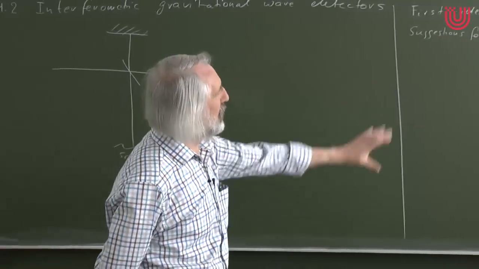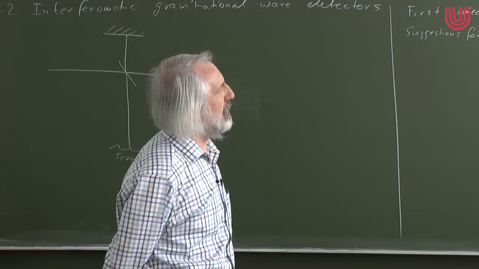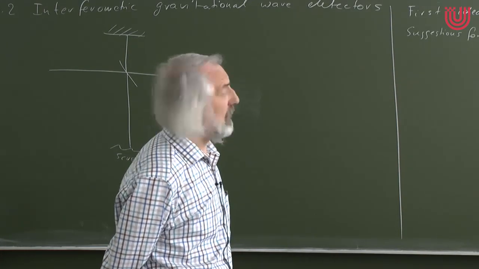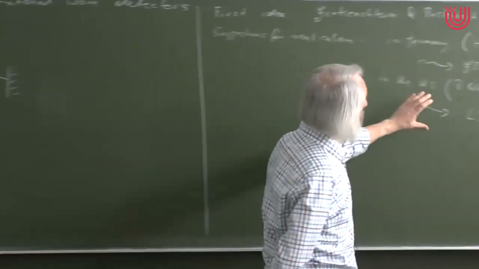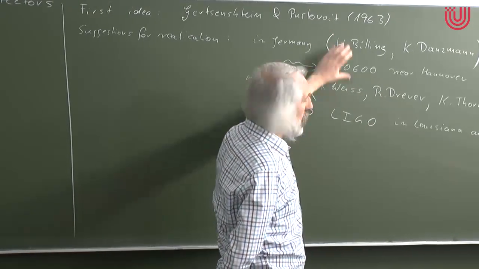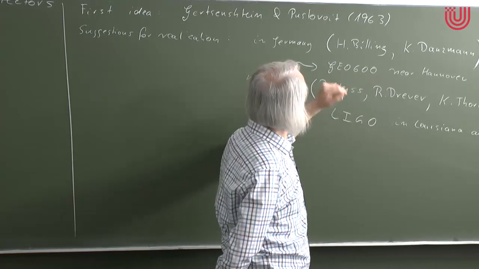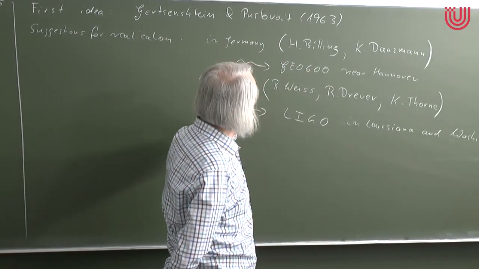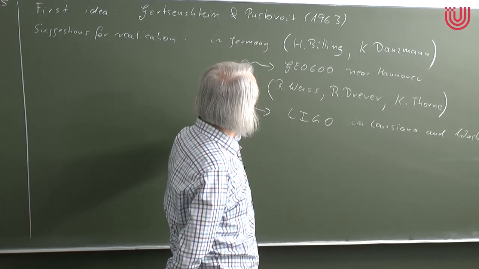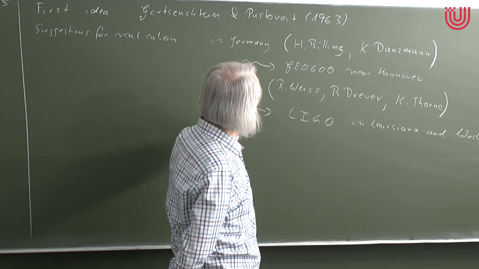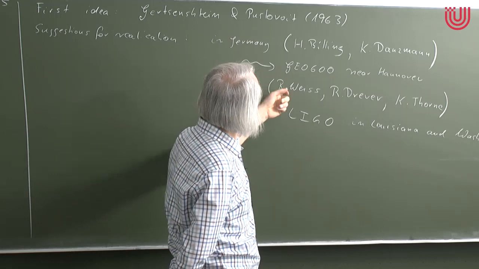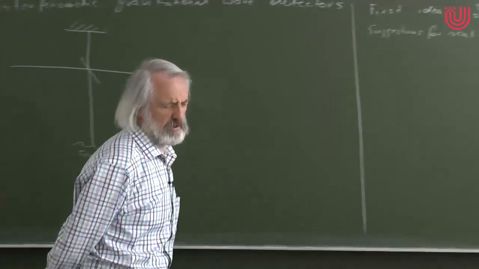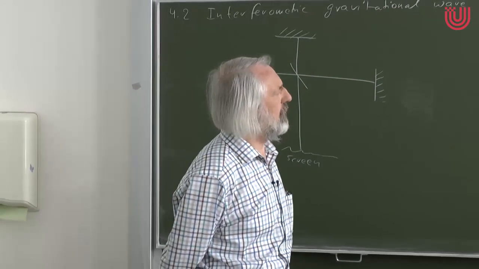So this was a development which started in the 1970s. As always, the main problem was to get funding, and this was closely coordinated. Billing and Weiss were always in close contact. Billing approached here in Germany the DFG, Deutsche Forschungsgemeinschaft, and Weiss approached, what is this called, NSF in the USA.